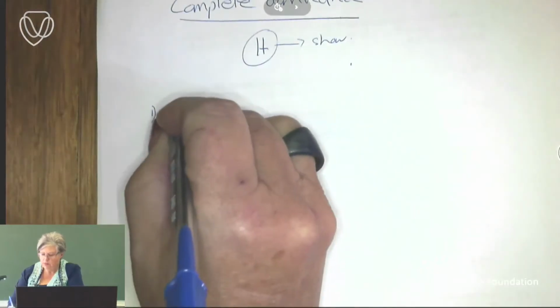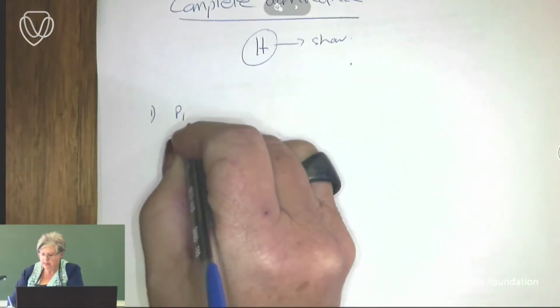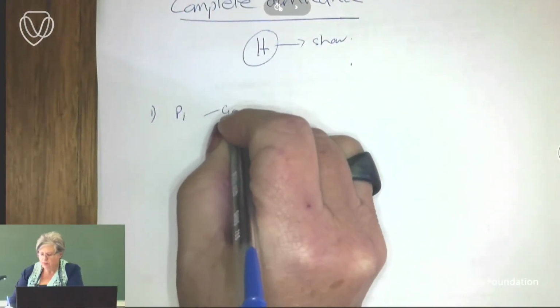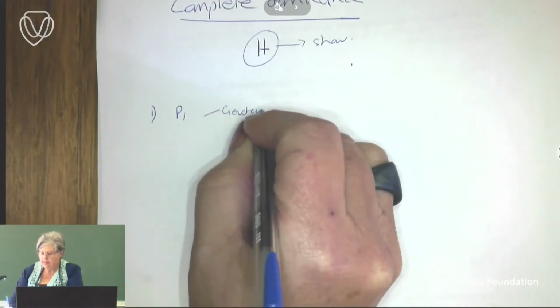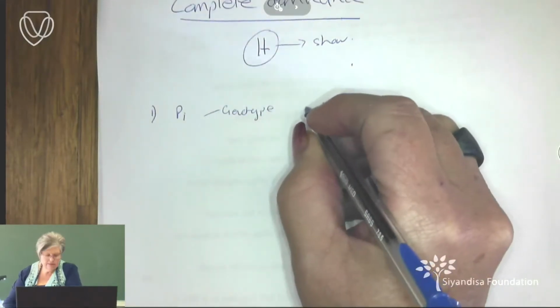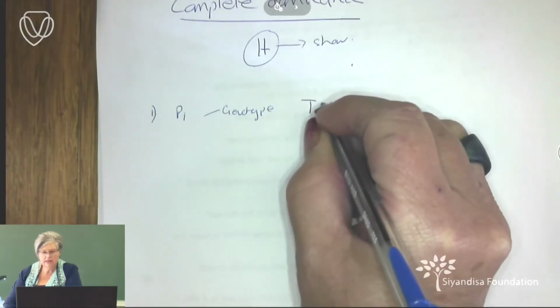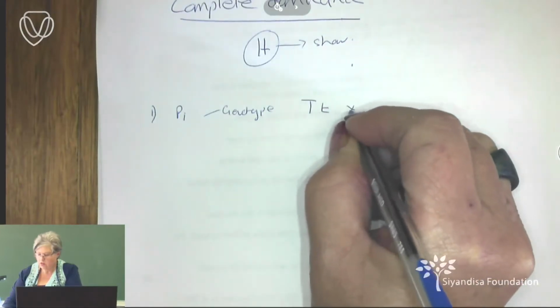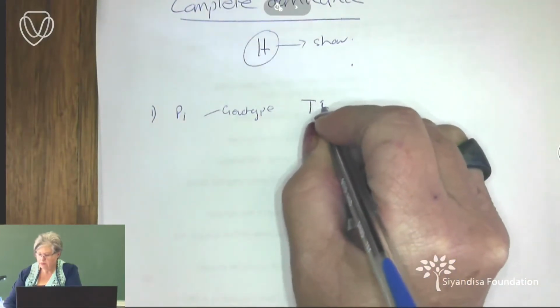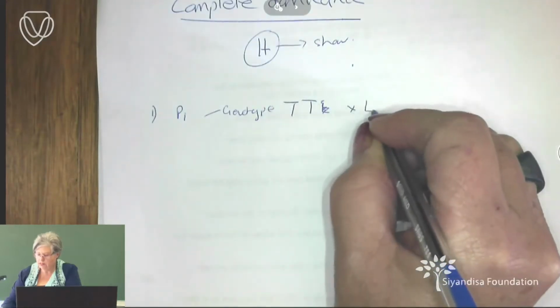The first one will be where the genotype of the parents is, let's say, a big T and a small t cross. Let's first do the two homozygous ones.